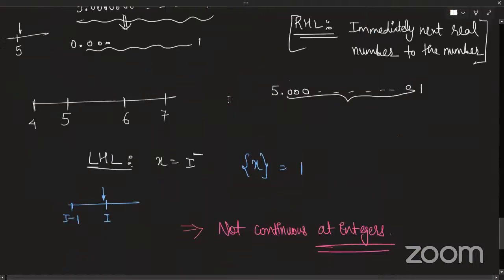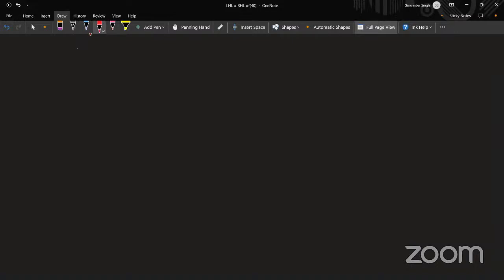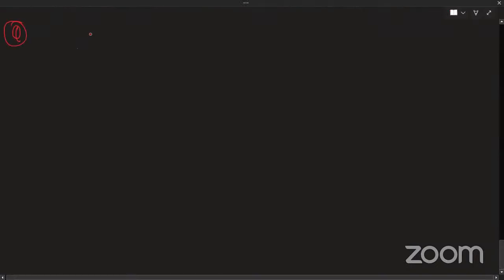So let us just discuss a few questions now, even though we have done them earlier. I have a function f of x that is equal to the greatest integer function of x by 3, where x belongs from 0 to 30.